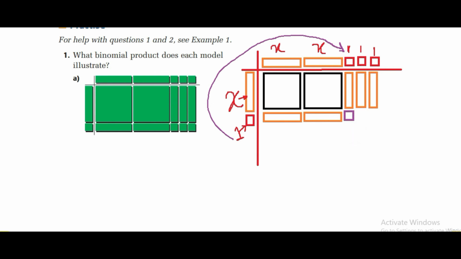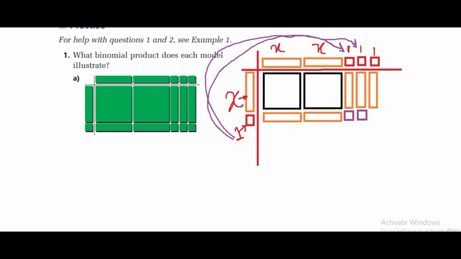Then you multiply this one with this one, and you get again a tiny square representing 1.